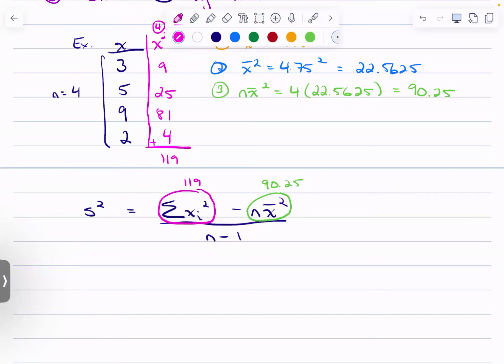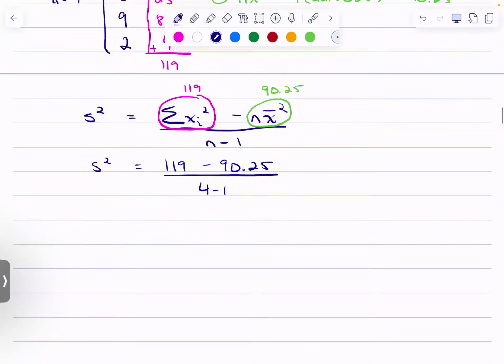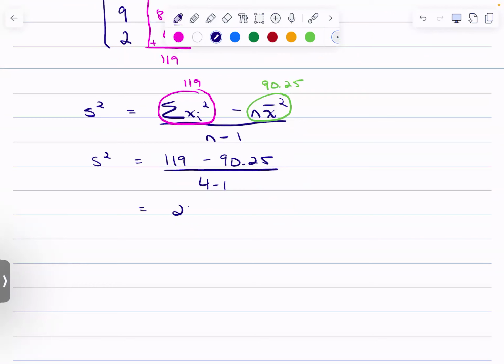And so what we get is 119 minus 90.25 divided by 4 minus 1. Let's simplify that. 28.75 divided by 3.